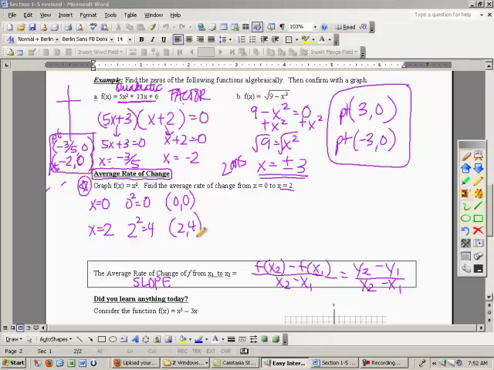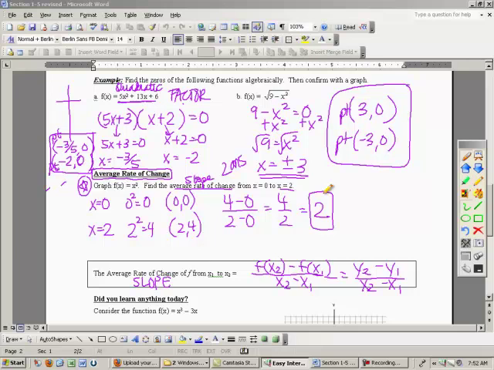Now, given my 2 points, I'm really just going to find the average rate of change or the slope. So 4 minus 0 over 2 minus 0 is 4 over 2, or just 2. Okay, now this will get harder. Please understand that. This is the most basic idea of it. But what I want to do is look at this and basically say, listen, it's just slope, guys.